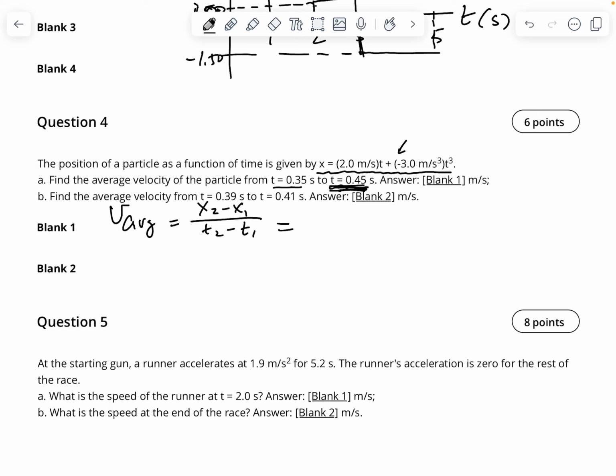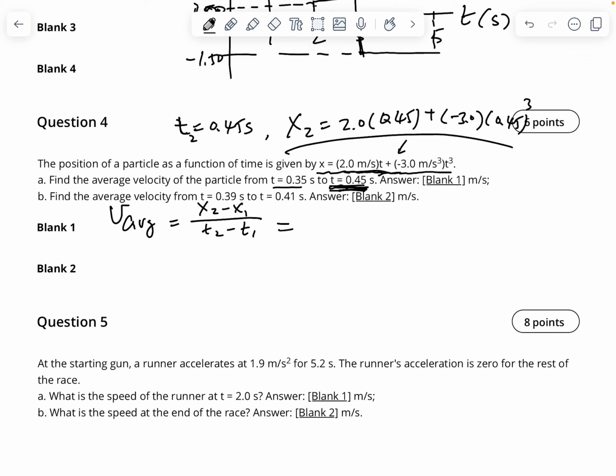So let me write here. When time equals 0.45 seconds, your position x2 equals, you see, just plug directly into this equation, 2.0 times 0.45 plus negative 3.0 times 0.45 cubed.